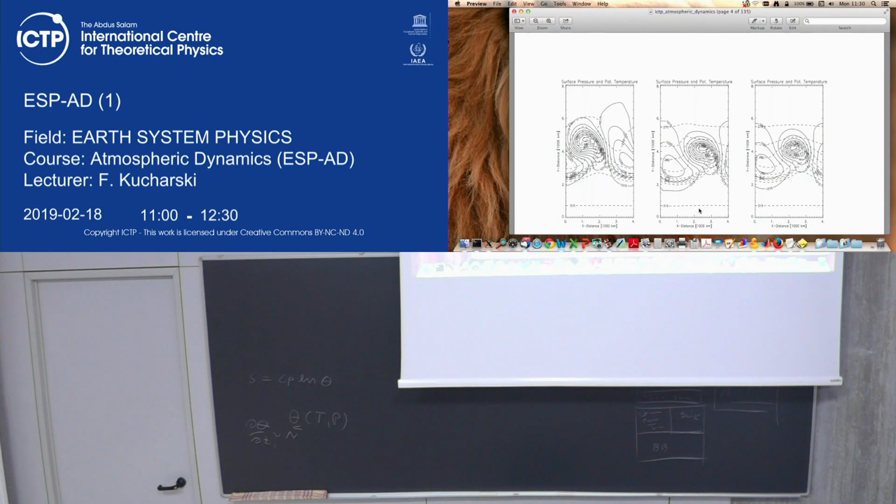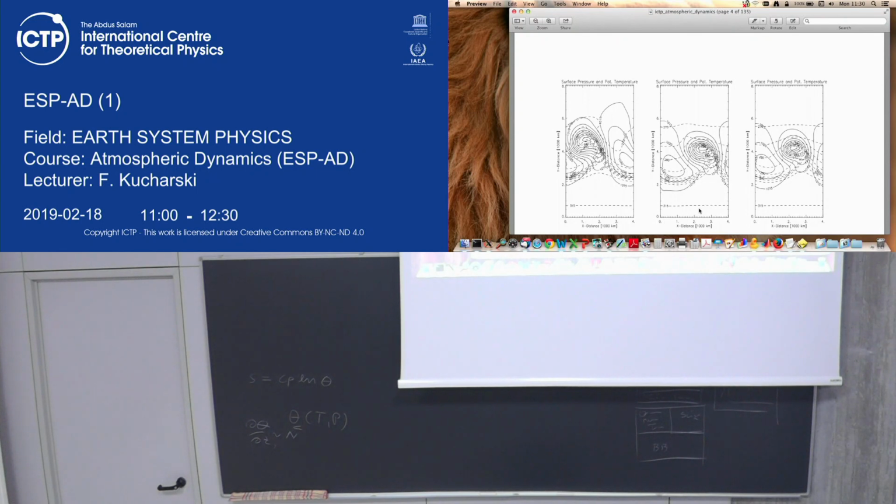This is now the X domain. This model is zonally symmetric, so whatever comes in here goes out there. And here is again the Y domain. And we just look at the surface.